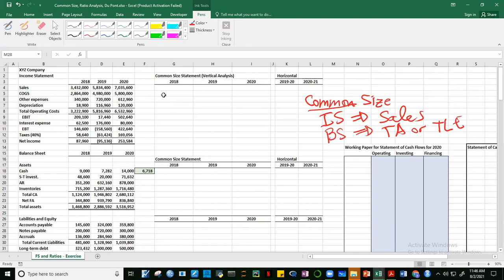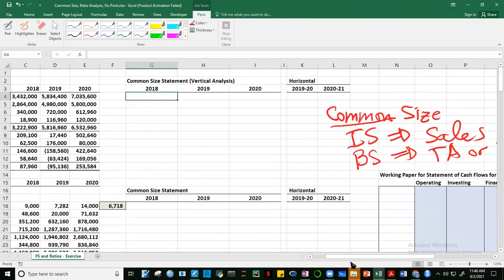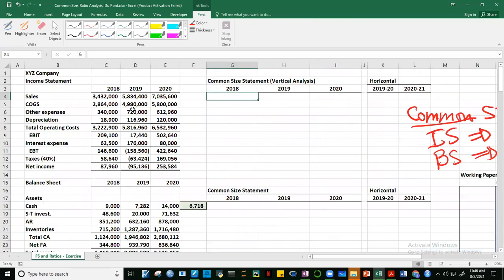Okay, so how do we now compute for the common size statement for 2018, 2019, and 2020? So what will happen here is that for 2018, ang common size natin for 2018 will be sales divided by sales, cost of goods sold divided by sales. Lahat, guys, naka-compare sa sales. So it's as if we're getting the percentage relative to sales. Okay?